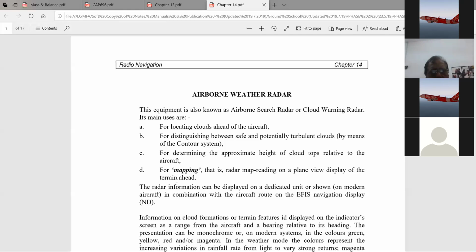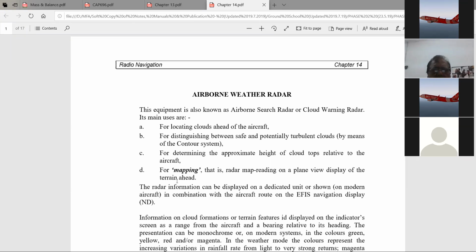Turbulence is totally related to the size of the water droplets. Starting from 1 millimeter, it goes up to 3 centimeters square. If you have a 3 centimeter square water particle in the cloud, this cloud will obviously be considered very, very turbulent.